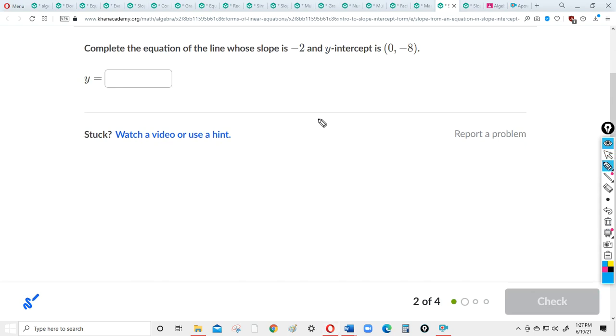Okay, complete the equation whose slope is -2 and y-intercept is 0, comma, -8. So remember the slope-intercept equation for the line, y equals mx plus b. Alright, so they said the slope is -2, so that goes in place of m.